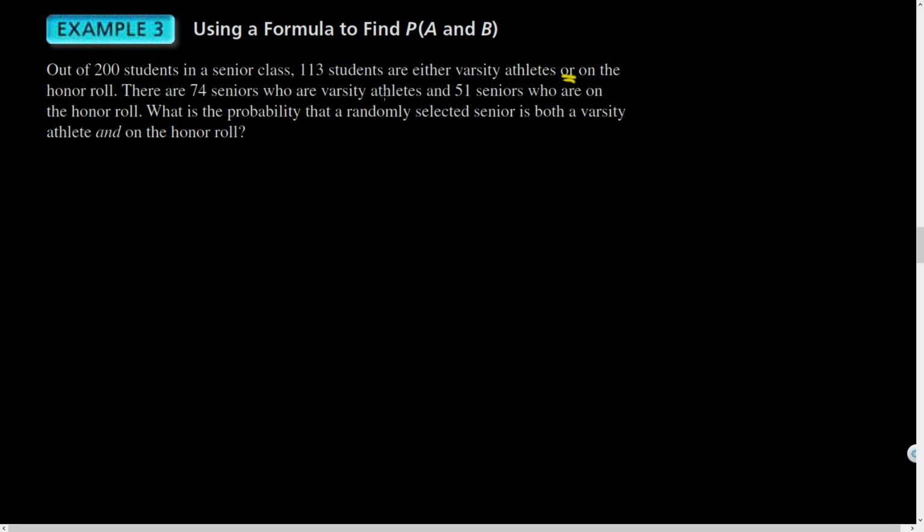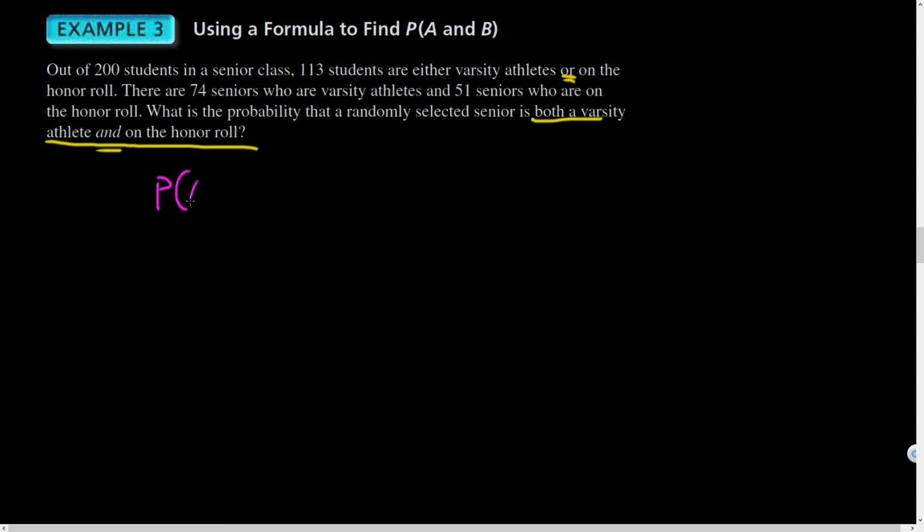There are 74 seniors who are on varsity and 51 seniors who are on honor roll. What is the probability that a randomly selected senior is both a varsity athlete and on the honor roll? And so this sounds like an overlap event based on this. That's what I'm trying to find.